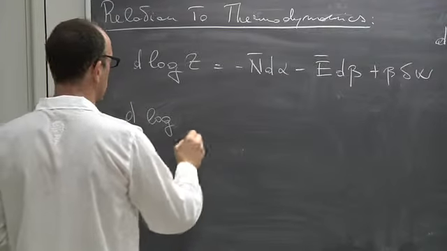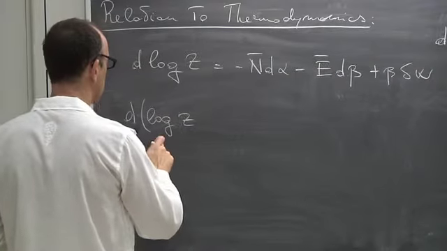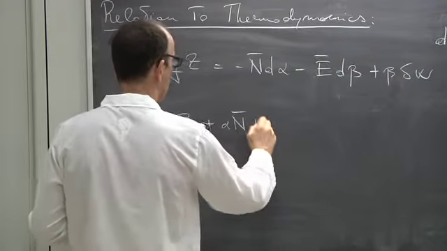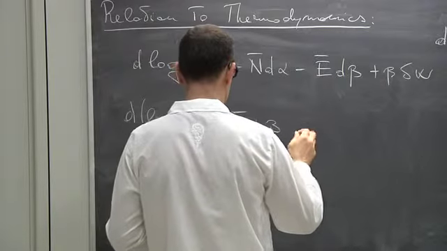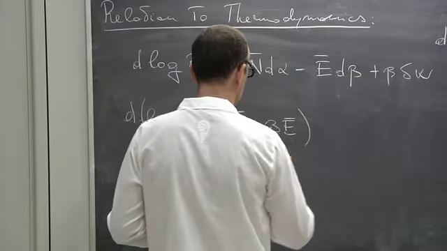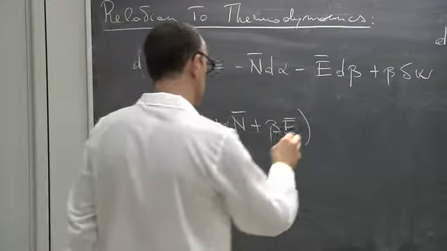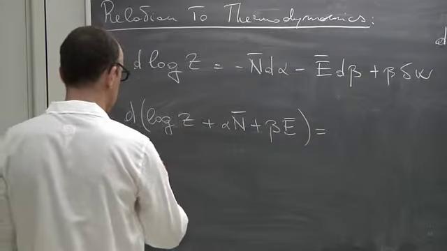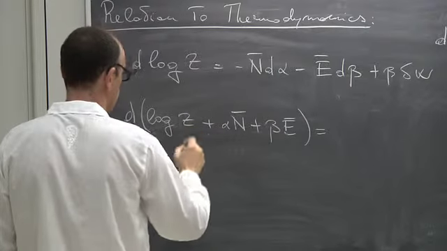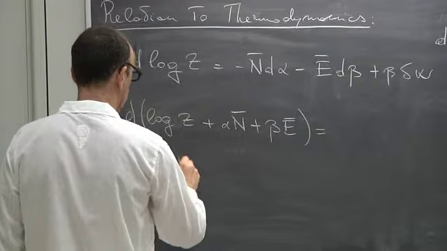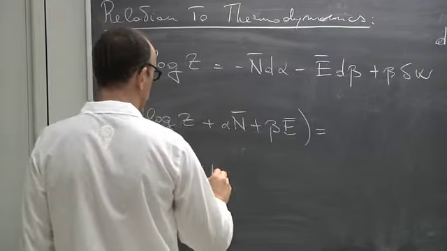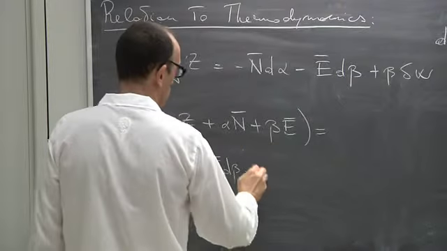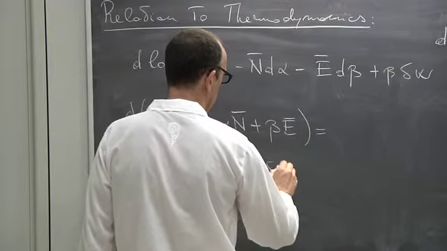So let me now consider the following combination, which is the differential of log Z plus alpha times N plus beta times energy. Now the differential of log Z is minus N d alpha minus E d beta plus beta times dW.